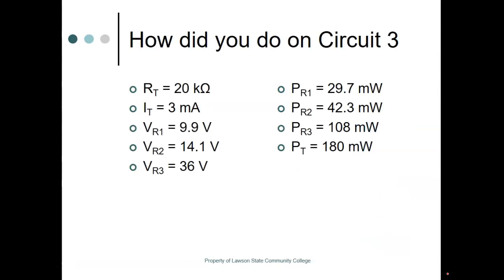And they do. RT is 20 kiloohms. Current overall is 3 milliamps. Voltages are 9.9, 14.1, and 36 volts respectively. And then you got your powers of 29.7, 42.3, 108, and a total of 180.